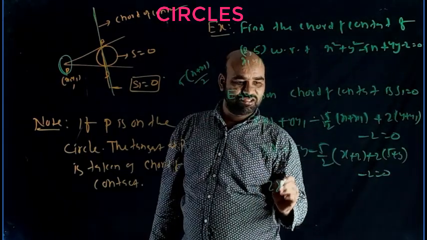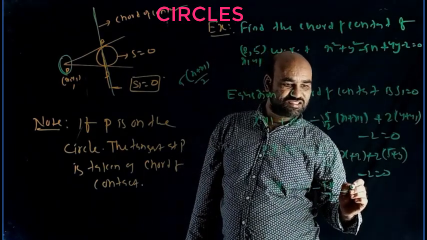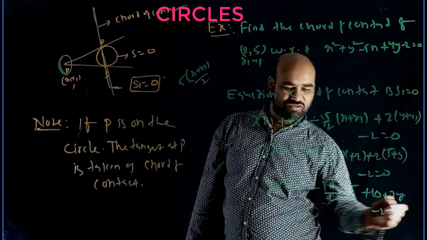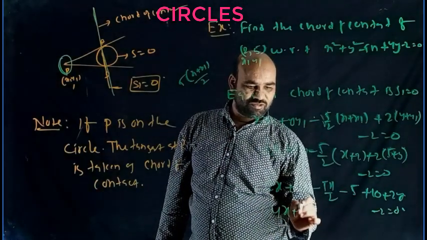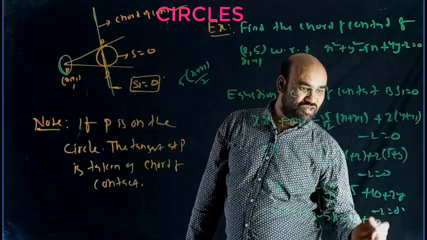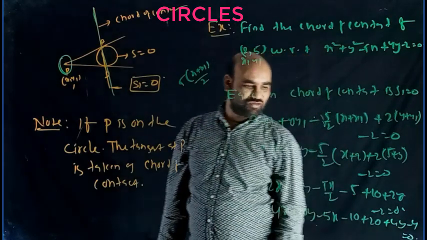Now I want to multiply: 2x plus 5y minus 5x by 2 minus 5 plus 10 plus 2y minus 2 equal to 0, or 4x plus 10y minus 5x minus 10 plus 20 plus 4y minus 4 equal to 0. Now I want to conclude.